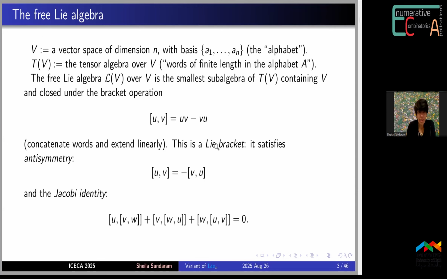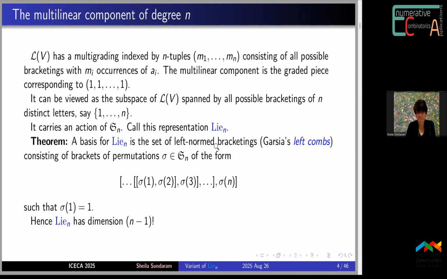All right. So this has been very well studied, from a long time ago, actually, from probably the 30s, but more recently in the late 80s, 90s, there was a big flurry of activity about the free Lie algebra. There was a big resurgence.